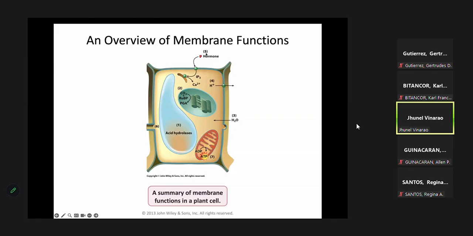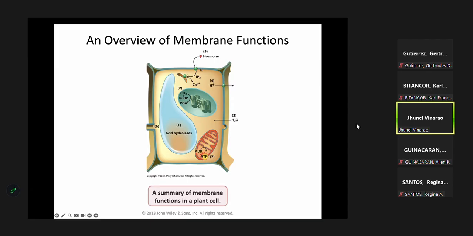How about yung number 5? Ayan. Ano 'tong figure? May hormones dito, tapos may molecule dito na we don't know if it moved from this area, okay, papunta sa organelle na 'to. What do you think could be the function of the membrane based from this picture?